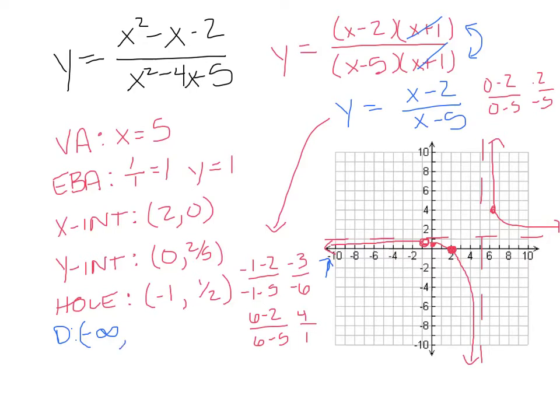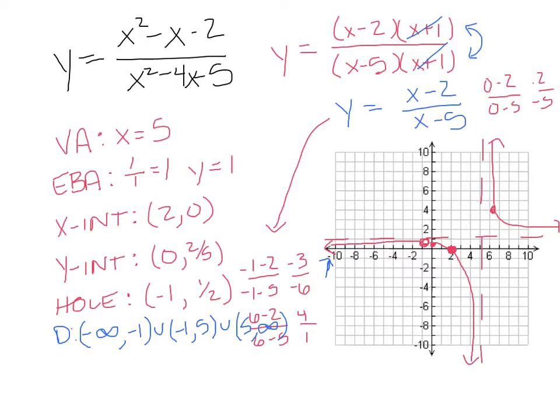It stops at the hole, so I need to take that out. It starts again after the hole, continues until that vertical asymptote at 5, and then, I'm running out of space, I'll write over my other stuff. It starts up again right after the vertical asymptote and goes to infinity. So that's our domain.